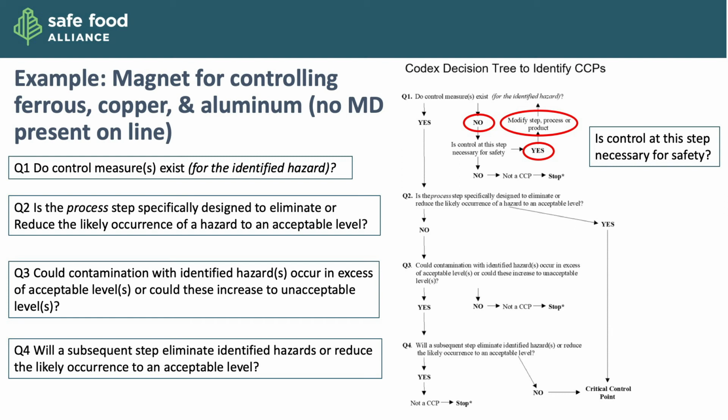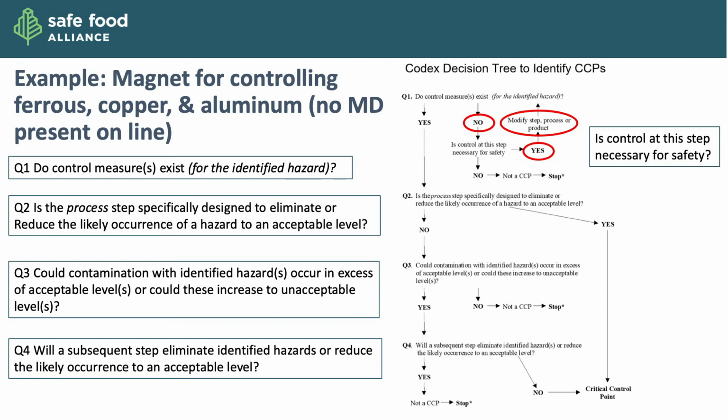So this is going to take us to a scenario of another set of questions within question number one, or a subset: is control at this step necessary for safety? Well, yes, if we don't have a metal detector downstream, we need to make sure that product is free of all metal types.